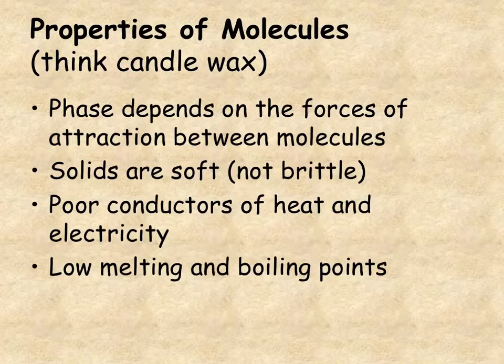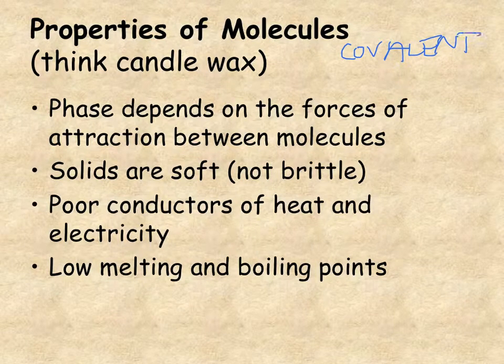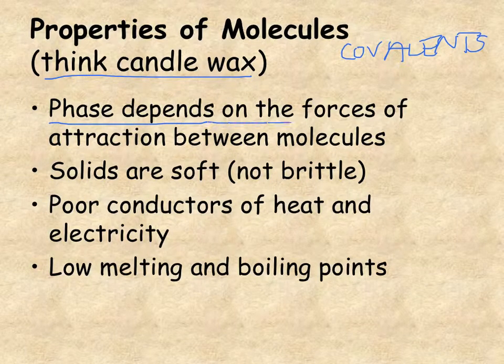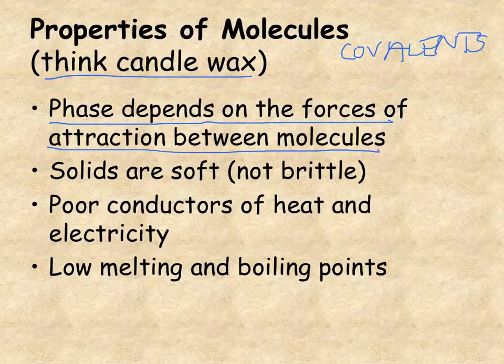Okay, our last slide is properties of the molecules that are made up from covalent bonds. So we're going to put covalent here. And we know that for covalent bonds they're shared electrons, so they're going to have a little bit different properties than our ionic or metallic bonding materials. So for our visual, we're going to think of candle wax, which is a low molecular weight hydrocarbon. And the phase, solid, liquid, or gas, depends on the forces of attraction between the molecules, right? So things like oxygen and nitrogen, which have really no forces of attraction between the molecules, have very low melting points and boiling points, right?